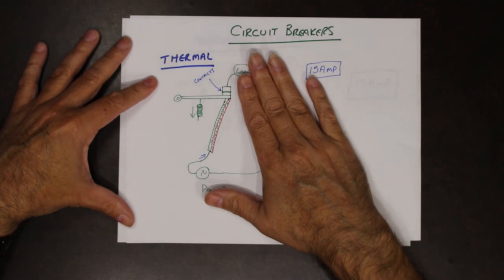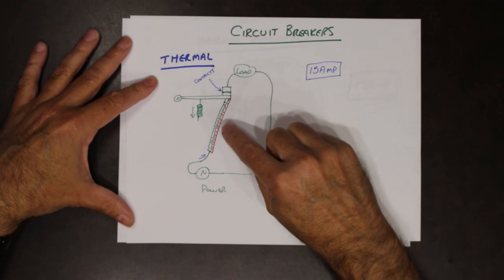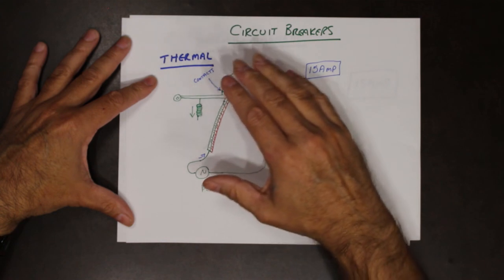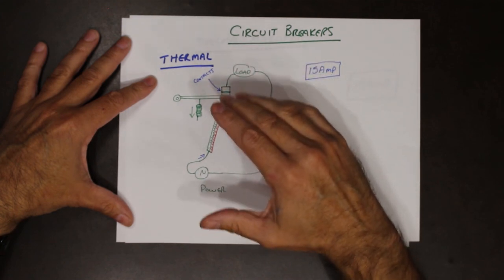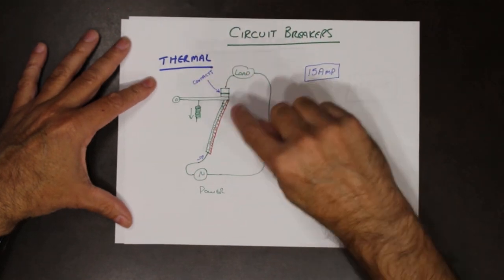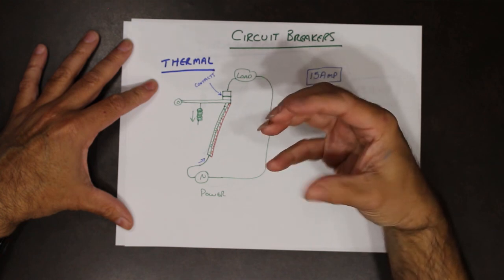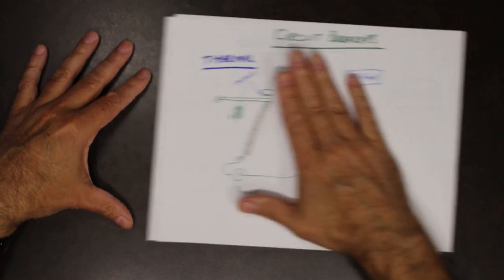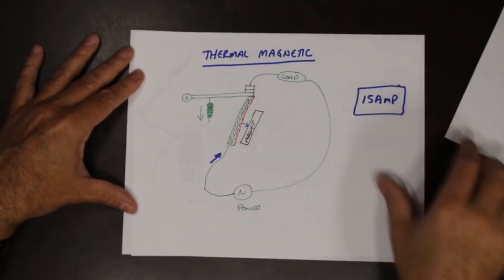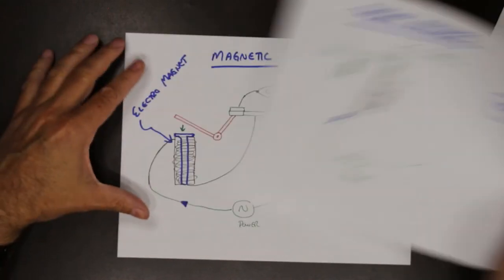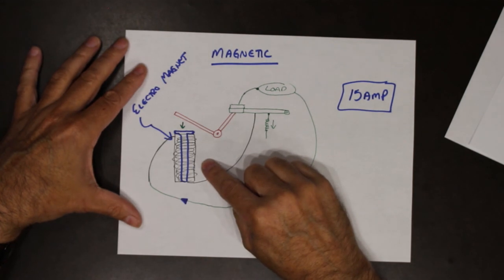This one is affected by temperature. So remember, it's all thermal. So if you were operating this in a situation that was, oh, I don't know, 70 degrees Celsius, 80 degrees Celsius, that ambient temperature will already have an effect on this metal. So this one here, as well as this one here, are affected by heat, where this one is not.